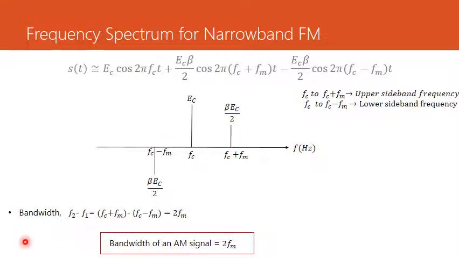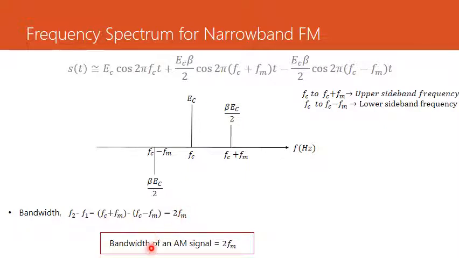Now we can write the expression for bandwidth, which is the higher frequency minus the lower frequency. From this spectrum, the higher frequency is fc plus fm and the lower frequency is fc minus fm. So the bandwidth is fc plus fm minus fc minus fm, which is equal to 2 times fm, that is, 2 times the modulating frequency.